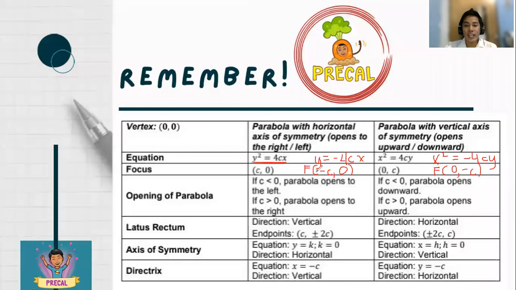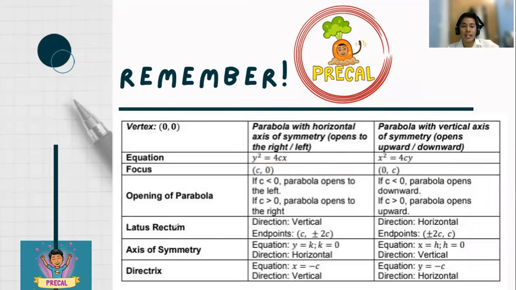Notice that whatever is the sign of the coordinate of the focus at c is also giving you an idea about the direction. If it is negative, it's either to the left or downward. If it's positive, it opens to the right, or it opens upward.